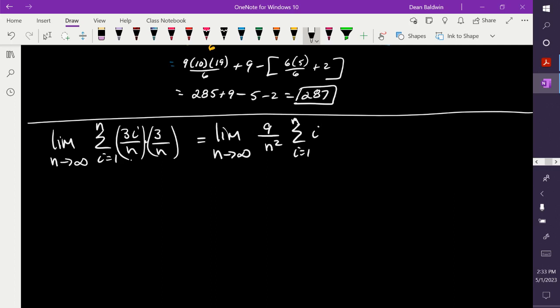Now, the sum of i equals 1 to n of i. What is the summation formula for i? Yeah, n times n plus 1 over 2. And this whole thing, I'm going to write it in yellow, turns into n times n plus 1 over 2.